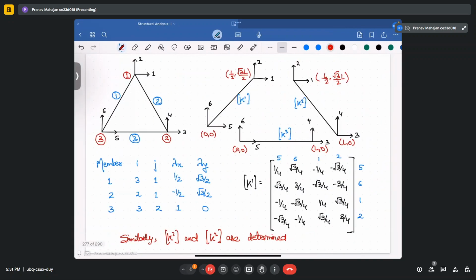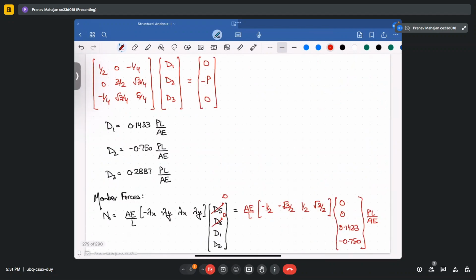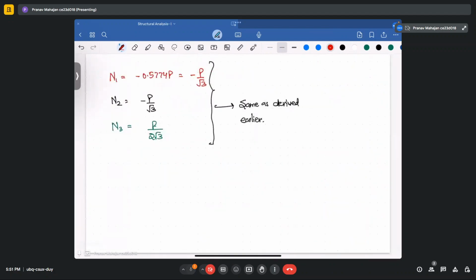Then we solved the problem related to truss and checked whether the values we obtained for the member forces are the same as what we derived using the previous methods, which might be the method of joints or method of sections.